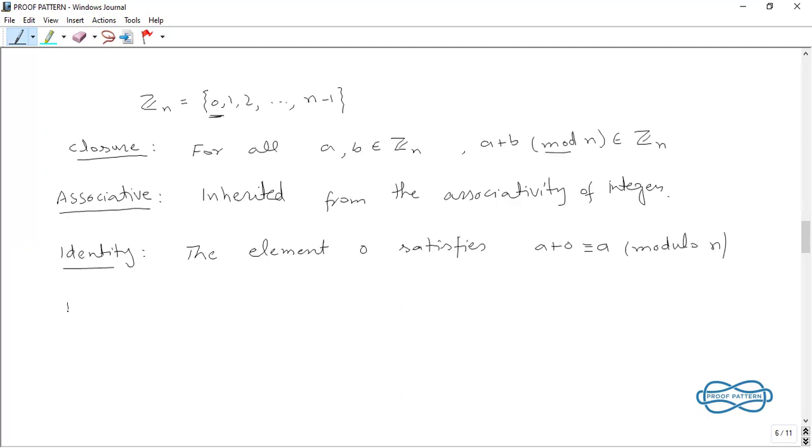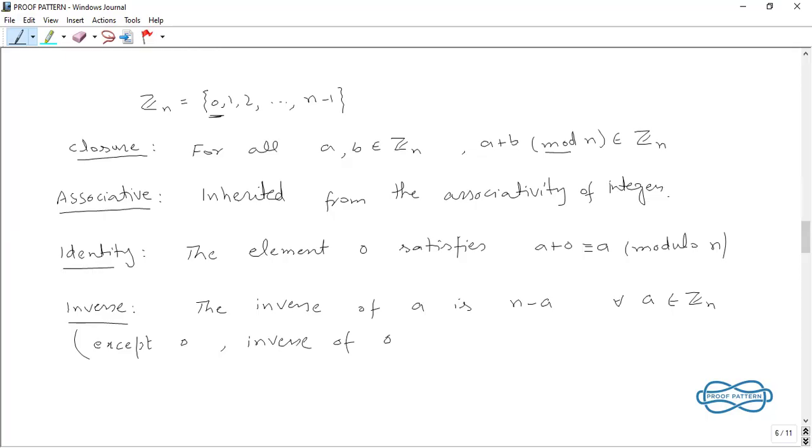And the last is inverse. The inverse of a is n minus a for all a belonging to Zn, except 0, because the inverse of 0 is again 0. But we have to check that a and n minus a are inverses of each other.